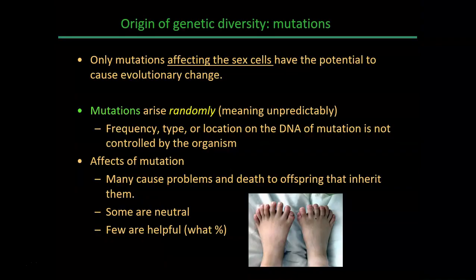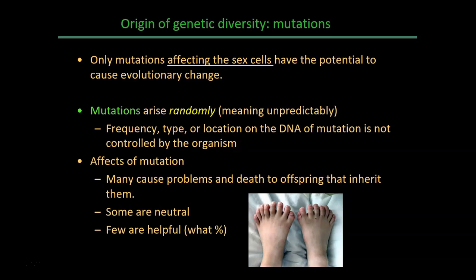Okay. All right. Now, let's put this in some more perspective. As I mentioned earlier, the mutations have to affect the sex cells to cause evolutionary change in a population. A mutation somewhere else is not going to have any impact.